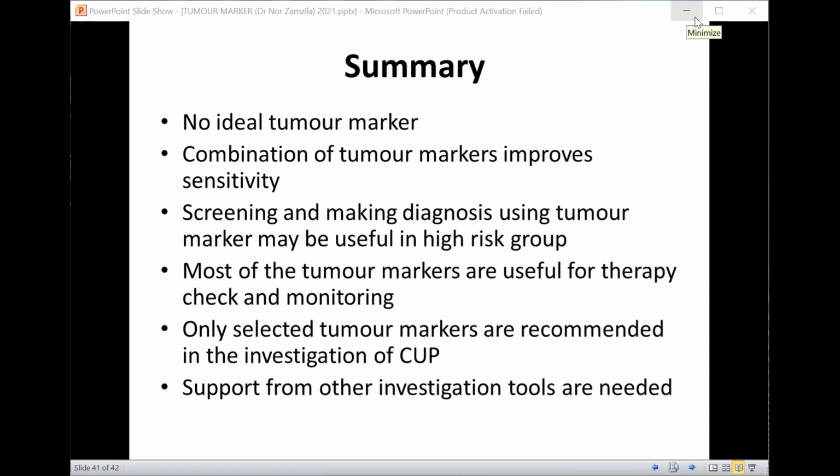This is also to help us, because Tumour marker is quite expensive, so we don't want the clinician to just order any Tumour marker that may not be indicated. So we can discuss the need for ordering the Tumour marker. All right. So any more questions?